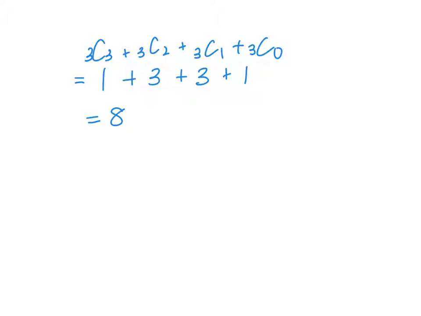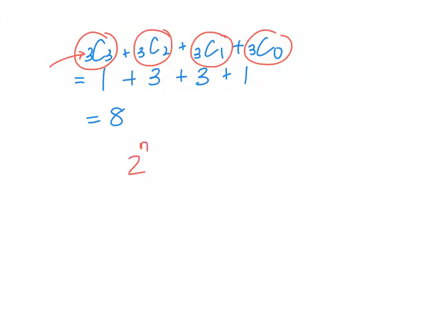When you have all of the combinations possible, given a certain total number of items, and you are adding them up, you can use the following formula. 2 to the power of n is equal to n choose n plus n choose the number right before it, all the way down until n choose 0.